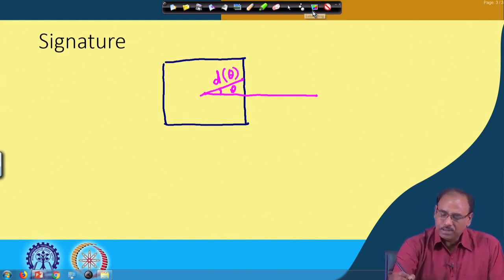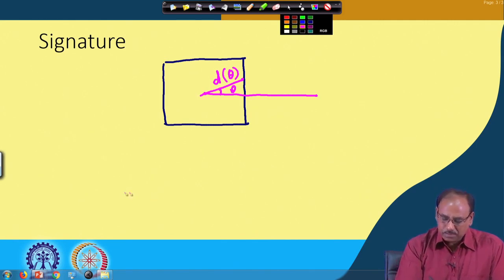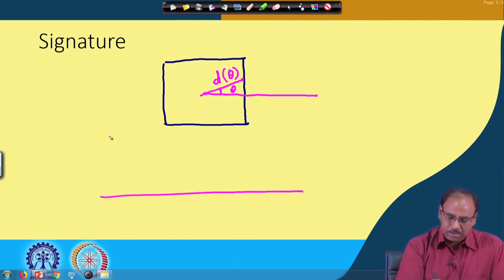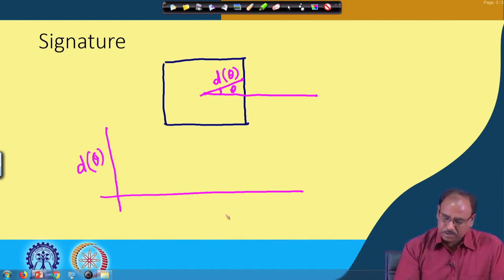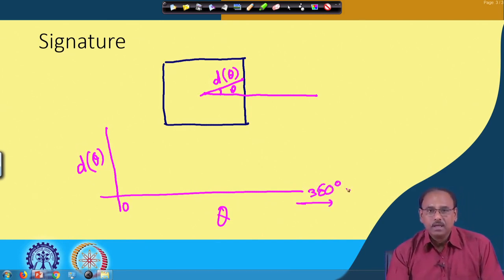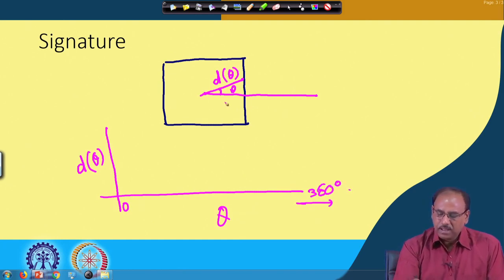So, what I plot is the distance d theta against theta as theta varies from 0 to 360 degree. Okay. And in this case, you find that when theta is 0, as my reference line is over here, the distance will be one of the minimas. So, I start from here.